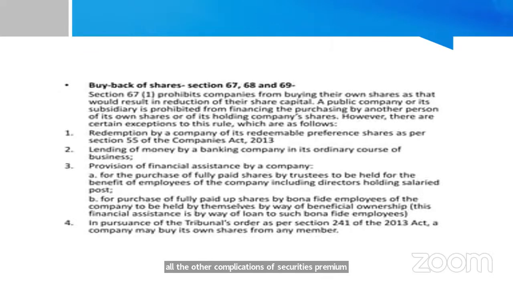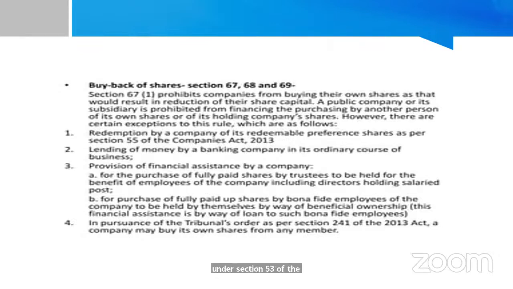Then there are shares issued at a discount. Your face value is 10, but the shares are issued at 8 rupees. That is called shares issued at a discount. But a company is prohibited from issuing shares at a discount if it does not follow certain provisions as laid down under Section 53 of the Companies Act.